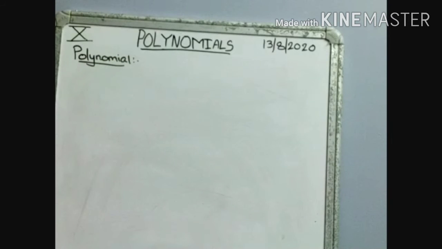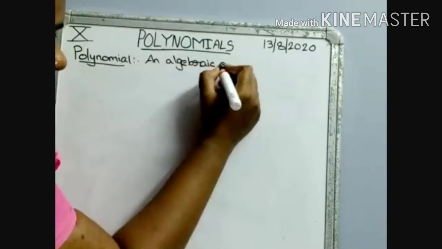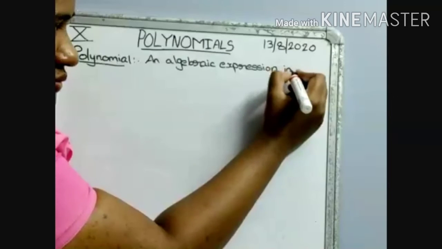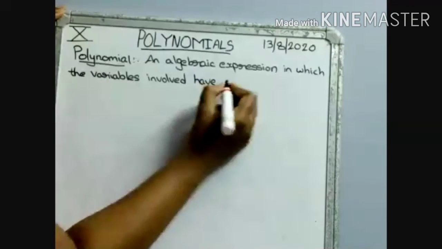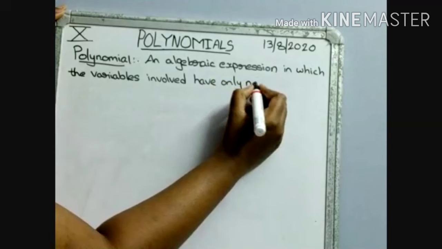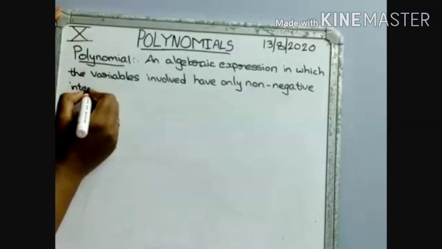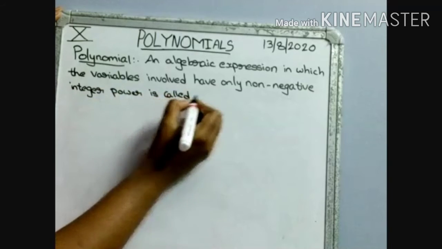An algebraic expression in which the variables involved have only non-negative integer power is called a polynomial.